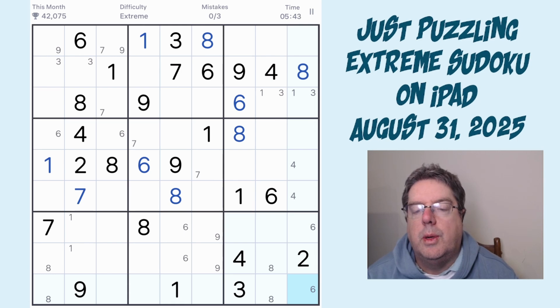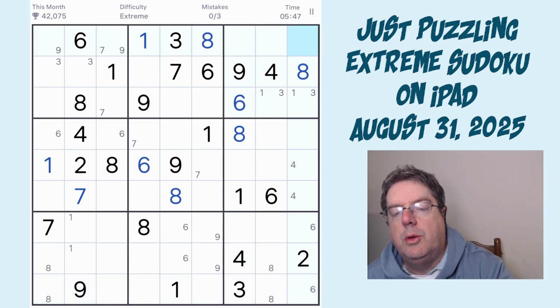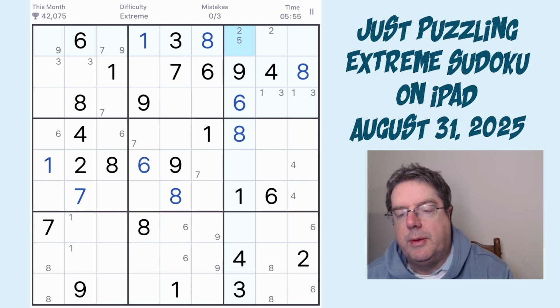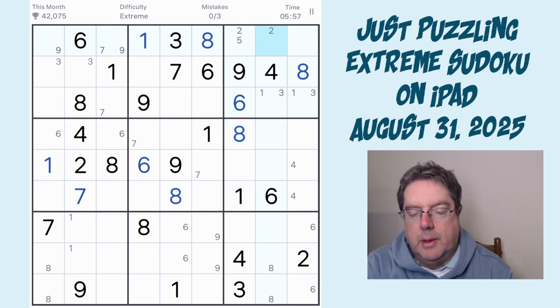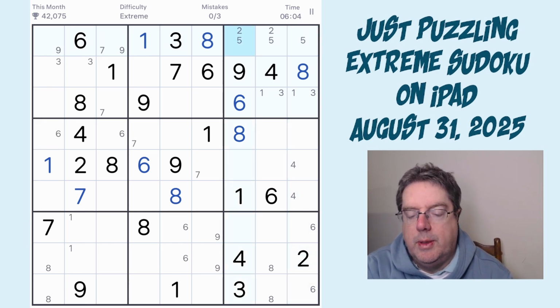1, 3. So 2's at the top here, so 2 is going to be one of these two. 3, 4, 5. I'm going to take my rule off for the triples in this row, and 7's the other one, so 7's here.